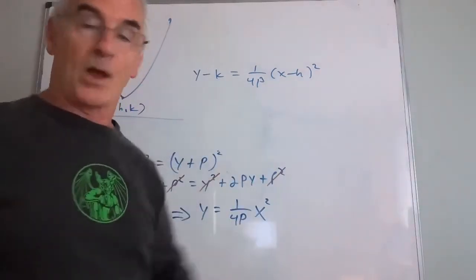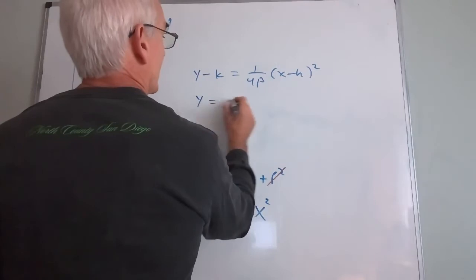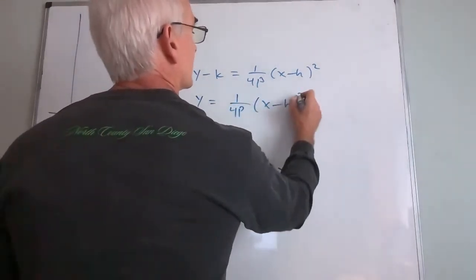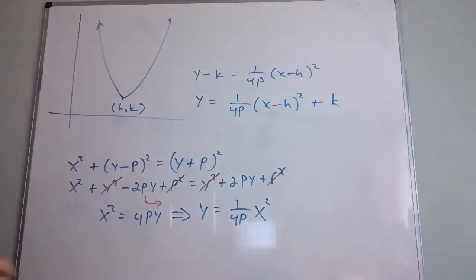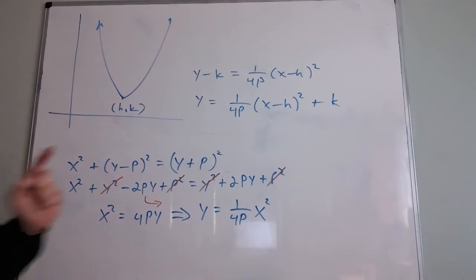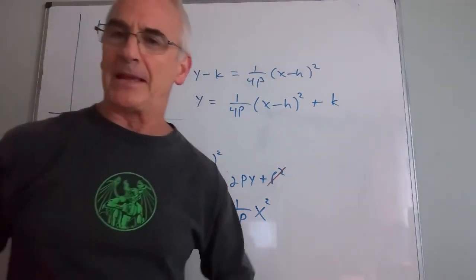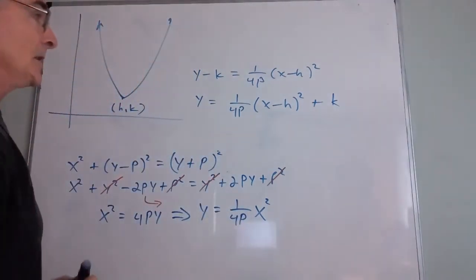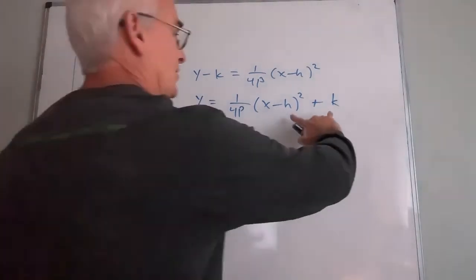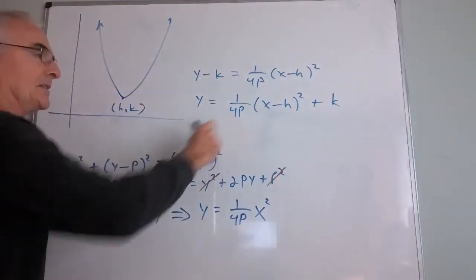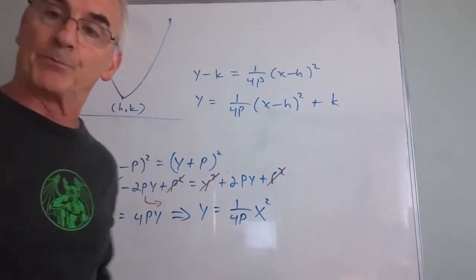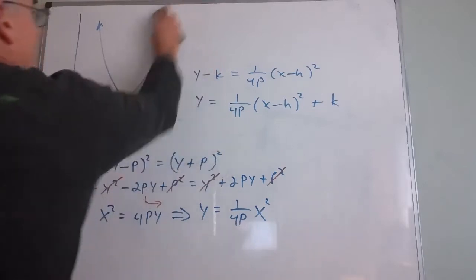Vertical, you always subtract from the y coordinate. So to be more specific, because this is a function, I'm going to write it in this form. This is our most generic general form of a parabola that we already know. Yet that's not the form that you did in baby algebra. Well, not yet. It is similar to what you did in baby algebra. So if I know the vertex, that's at h, k, and I know the value of p, then I can easily find the focus. I can easily find the directrix. That's a fairly simple thing. So I want to work this from every possible point of view.